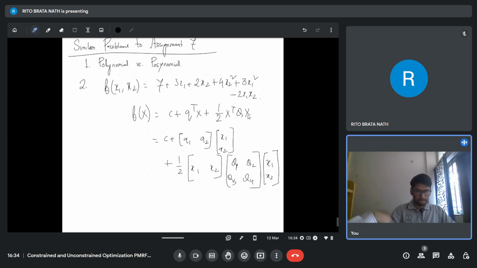Then let me check the third problem. Okay, so the third problem says about local maxima and local minima.